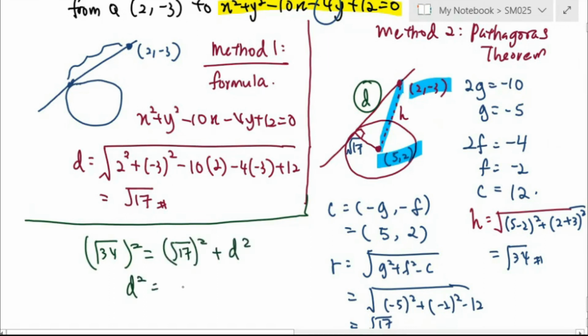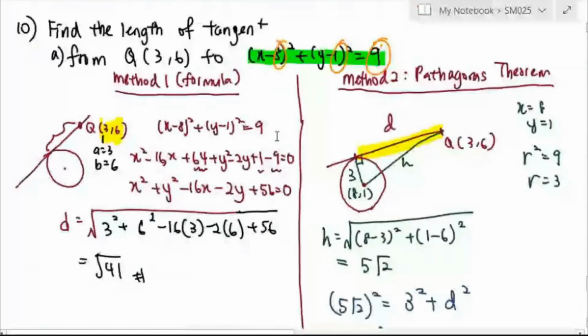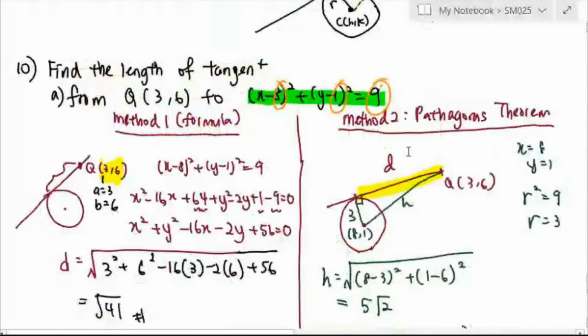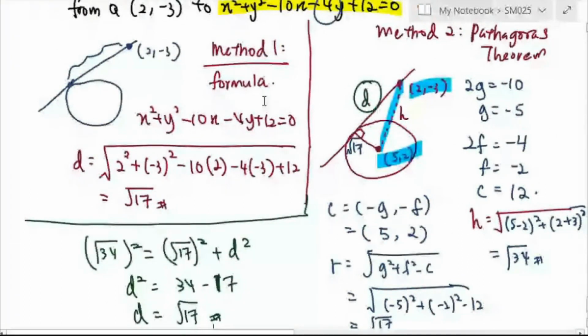So D squared will be 34 minus 17, and D will be square root 17. Previously, this formula was taken out of the syllabus, so they expect you to calculate using the Pythagoras theorem. I just teach this formula as an alternative solution only.